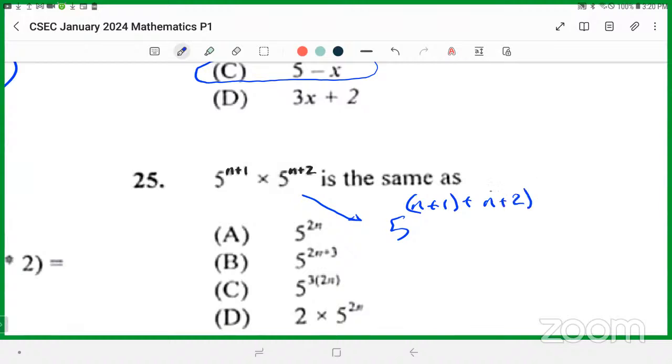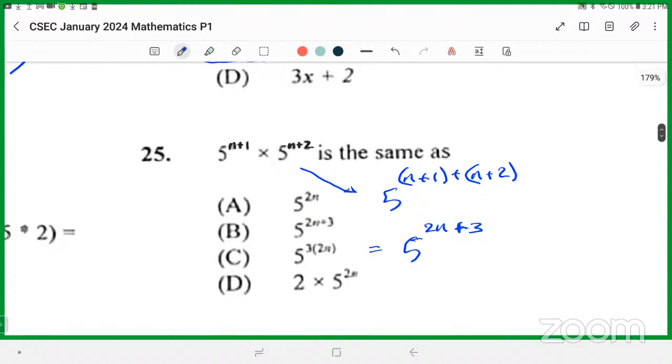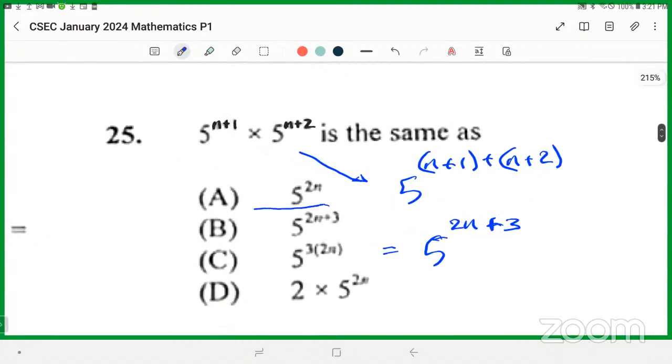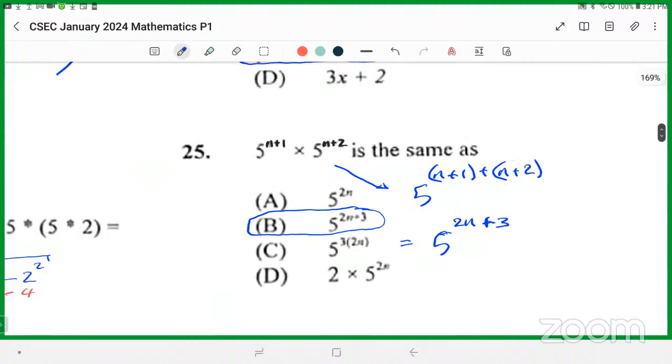That becomes 5 to the power n and n, that's 2n, and 1 and 2 is 3, plus 3. Which is this one, 2n plus 3 is the power. All right, nice and easy.